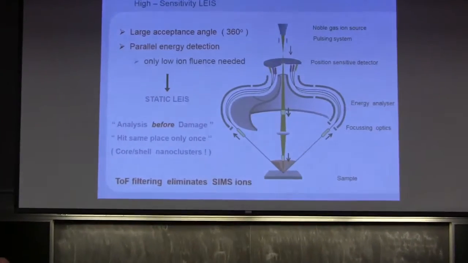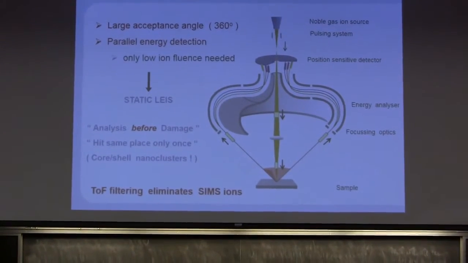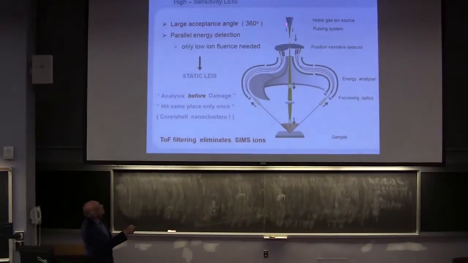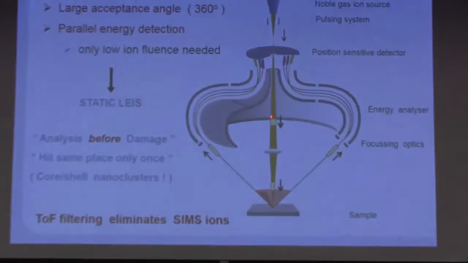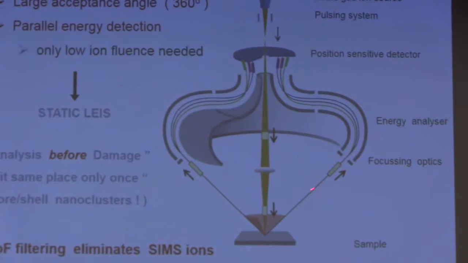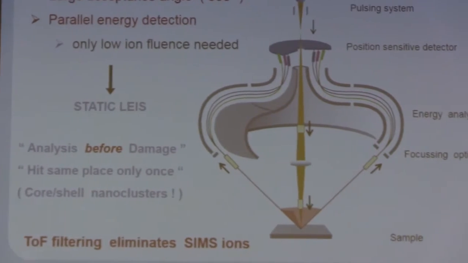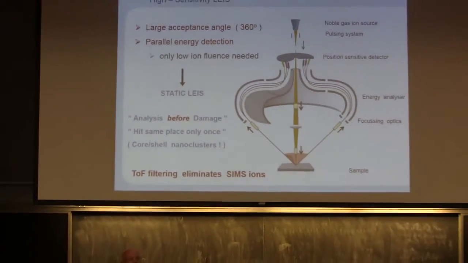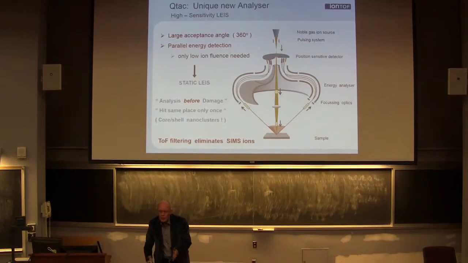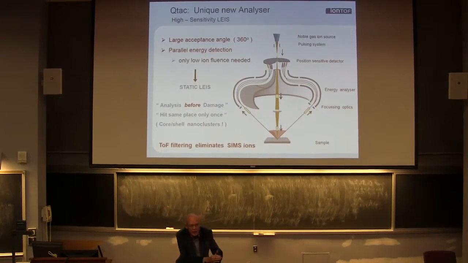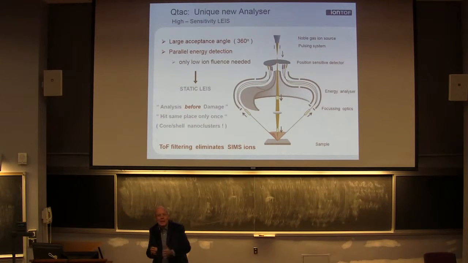How does the analyzer work? It's a double toroidal analyzer, as it's called. You come in with ions from the top, through all kinds of optics. They scatter from the surface. If they come back between these electrodes, they are deflected, first to the left, then to the right, and go up, and the fast ones move further out, so at the end there is an image in energy. That is essential, because I do not have to scan through the whole spectrum, bombarding and killing the surface while scanning.